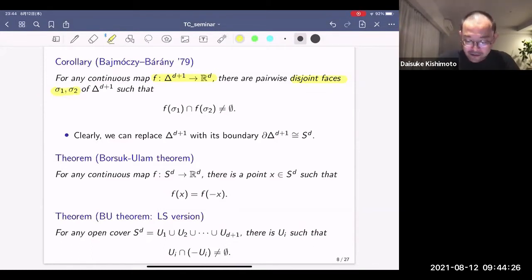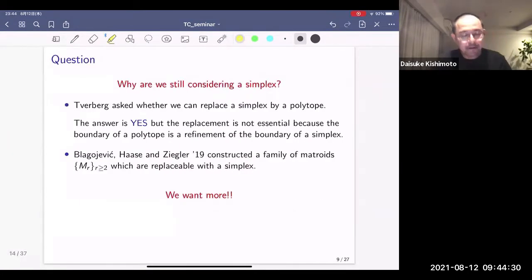All right, so let's go further on Tverberg's theorem. Let me ask more questions about the theorem. We have already replaced the affine map by a continuous map in Tverberg's theorem, and with some assumption on R, the theorem still holds for continuous maps.